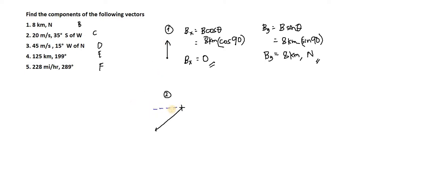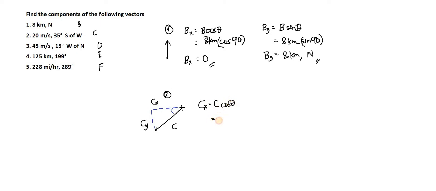So, this is your theta, given theta. Okay, with that, we have here our C, and then this is our C sub X, and our C sub Y. As you can see, yung C sub X naman natin ay adjacent side.